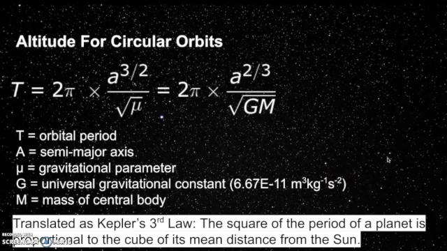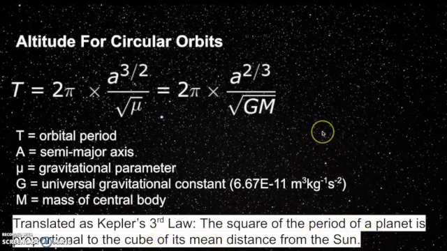That means that the square of the period of a planet is proportional to the cube of its mean distance from the sun. So what does that mean? That sounds super complicated. Basically what we're saying with this formula is the period of a planet, the time it takes for it to loop around an orbital body, is proportional to the cube of its mean distance from the sun.